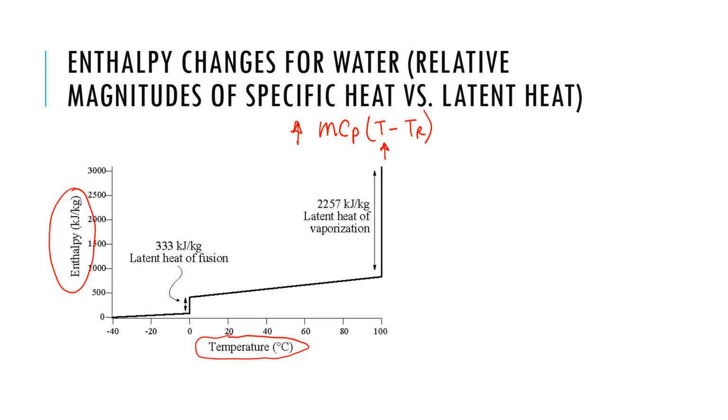But you notice the magnitude that even over a fairly large range of temperature, minus 40 to 0, the enthalpy change that is corresponding to this sensible heat is small compared to the latent heat change at 0 degrees for pure water going from ice to water.